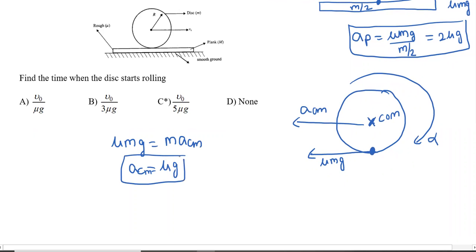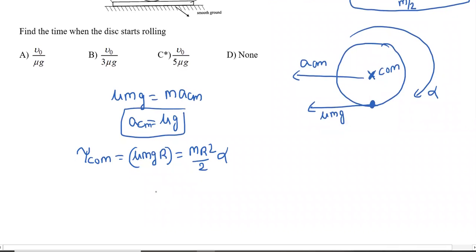For rotation motion, torque about center of mass can be written as mu mg into r, which is equal to m r square by 2 into alpha. So from that, r alpha is 2 mu g.